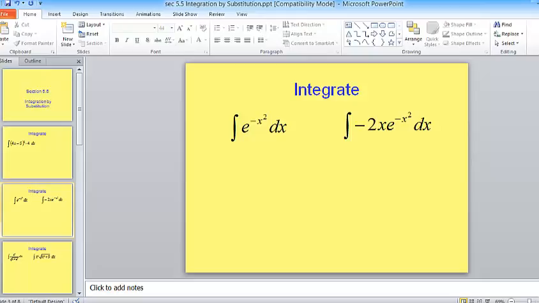This function is an even function, which means the graph is going to have symmetry with which axis? The y-axis. And this function also has a horizontal asymptote. What happens when x goes to infinity? e to the negative x squared.